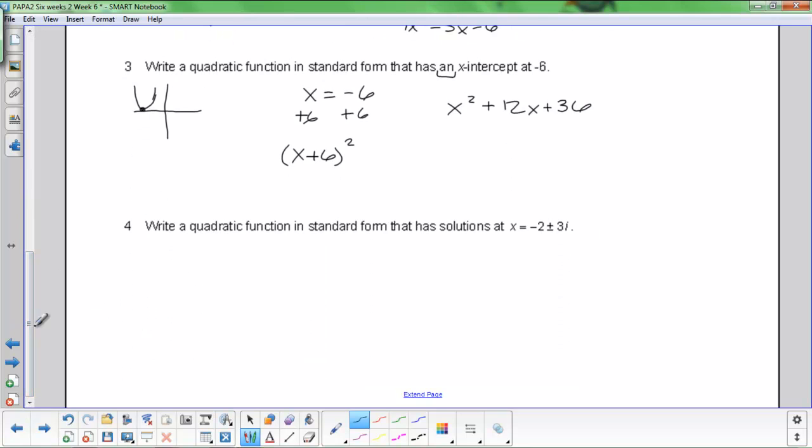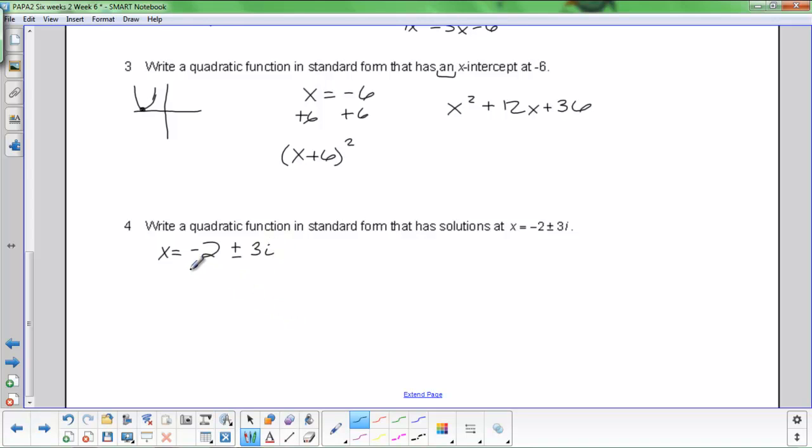Additionally, we can solve using roots that are imaginary as opposed to real. Now the process here is a little bit more involved, but it is exactly the same as what we've been doing before. We're going to set it up as x equals -2 plus or minus 3i.